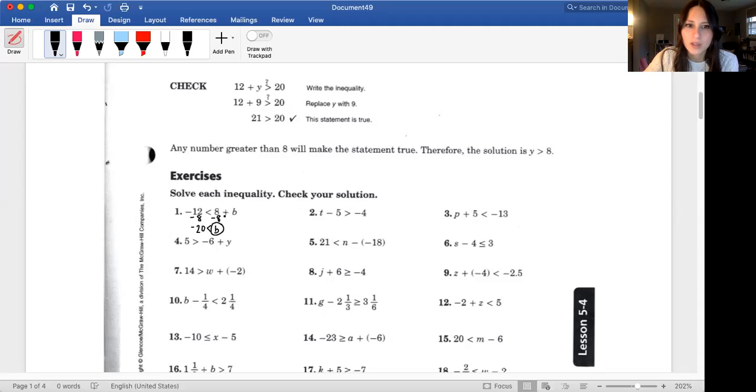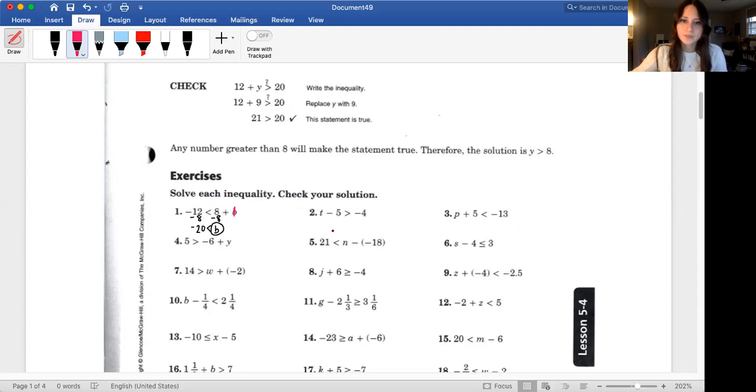So if you think of a number that's greater than negative 20, we could replace that for b. So let's say positive 1 is greater than negative 20. If I replace b with 1 and plug this in and check my equation, I should have a true sentence. So what I would have here is negative 12 is less than 9. And so negative 12 is in fact less than 9.